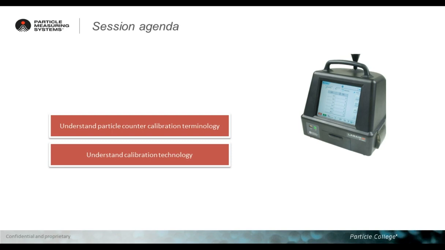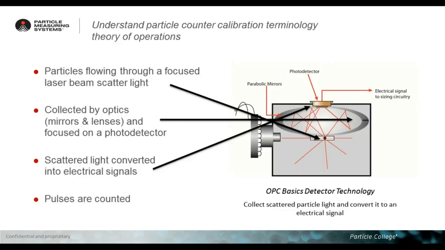Let's now have a look at the particle counter calibration terminology, but before doing that, I would like to show you how a particle counter works. What you can see on the right side now is a drawing which represents an instrument optical cell. This little black dot represents a particle that is just flowing into the instrument optical cell.